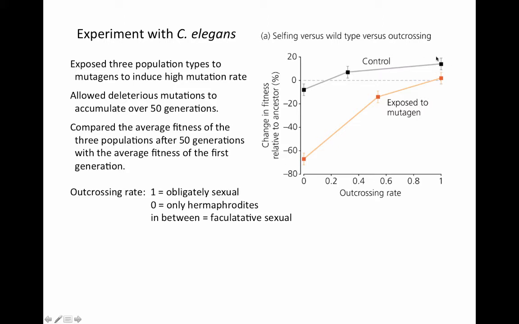If they're forced to sexually reproduce, it's definitely beneficial. This point here indicates that balance between the numerical benefits of producing asexually and being able to reproduce more offspring without having to invest in males that are not going to be part of that reproductive output, and the detrimental effects of the accumulation of these mutations.